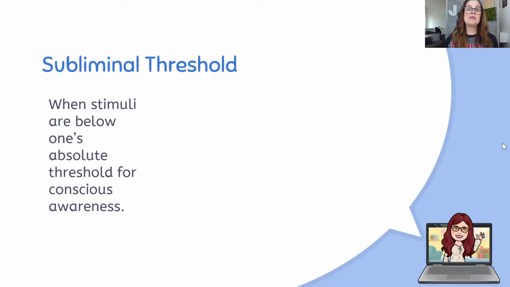So when we talk about subliminal thresholds, or you may know them more as subliminal messages, that is when the stimuli are below your absolute threshold for conscious awareness. Okay? Things are happening that you really aren't consciously perceiving.